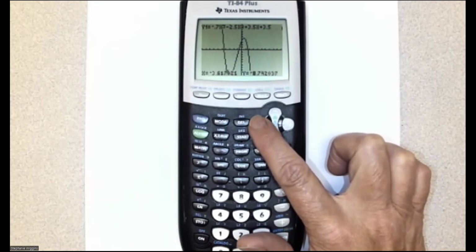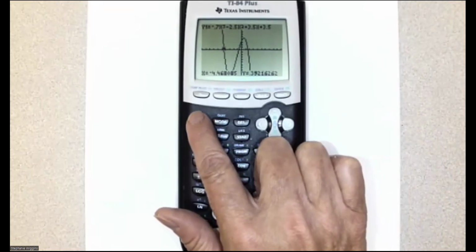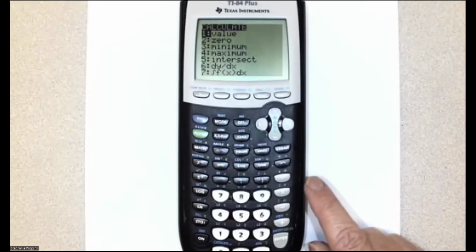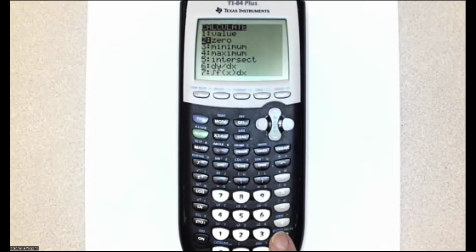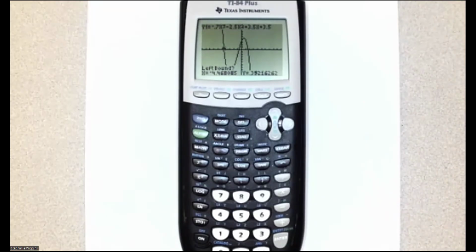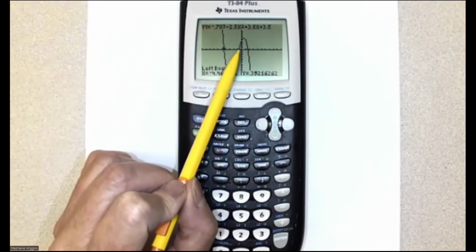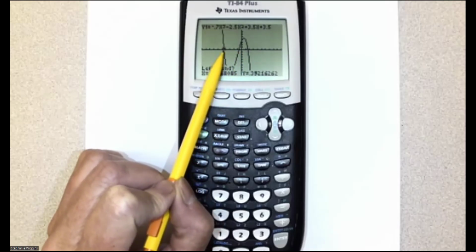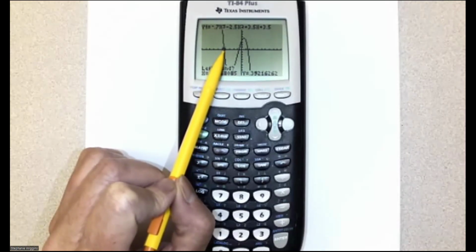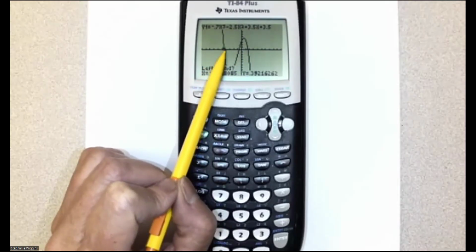So I'm going to select trace, and I'm going to move my cursor over. And actually, I want to zero in on that. So I'm going to do second trace, which is going to allow me to find the zero. So if I select 2 here, zero, I'm looking for the zeros. And it's going to ask me for a left bound. So I'm looking right here at this x-intercept. And if you count to the left from the y-axis, it's 1, 2, 3. It looks like it's around 4. So I'm going to pick my left bound as minus, I'm sorry, not 4, but minus 4.